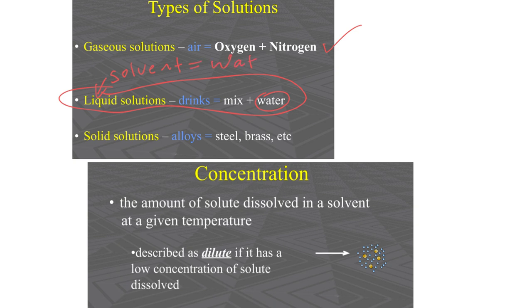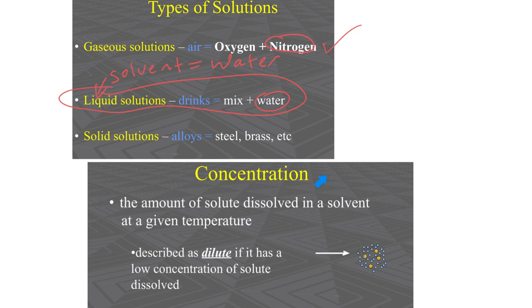Yeah, for us, it'll always be water for living things. And in a gaseous solution like the air we breathe, the major component is the solvent. In the case of air, it would be nitrogen. Most of the air we breathe is nitrogen. Only a little bit is oxygen. Nitrogen doesn't do anything for us, by the way. So gaseous solutions, we might talk about that too.